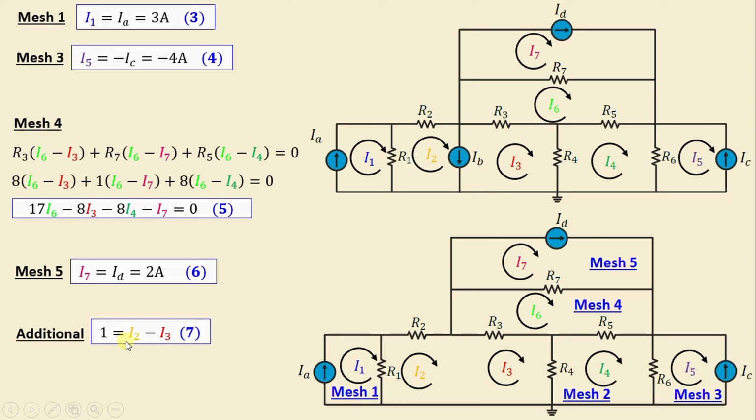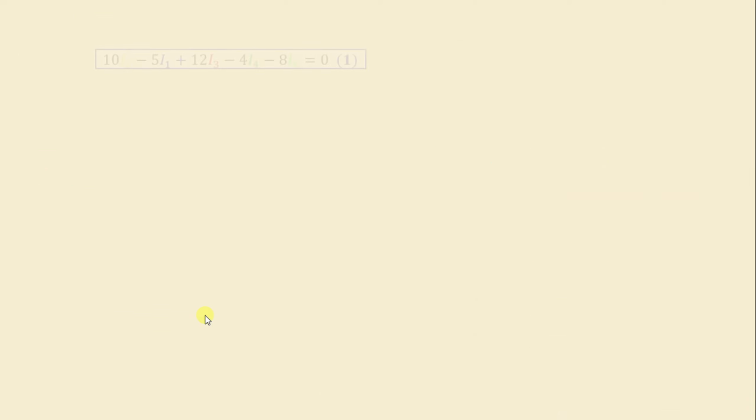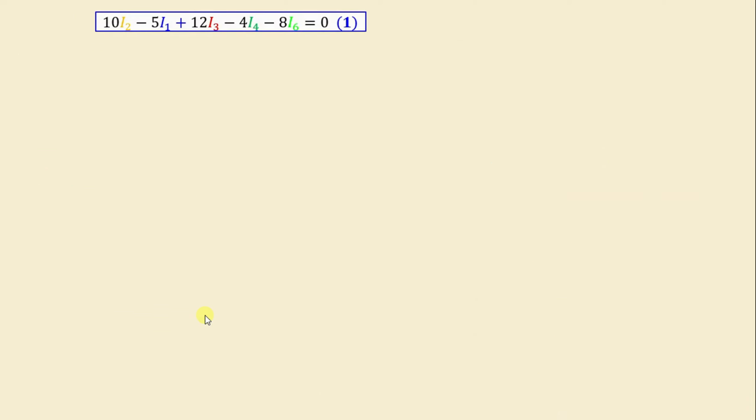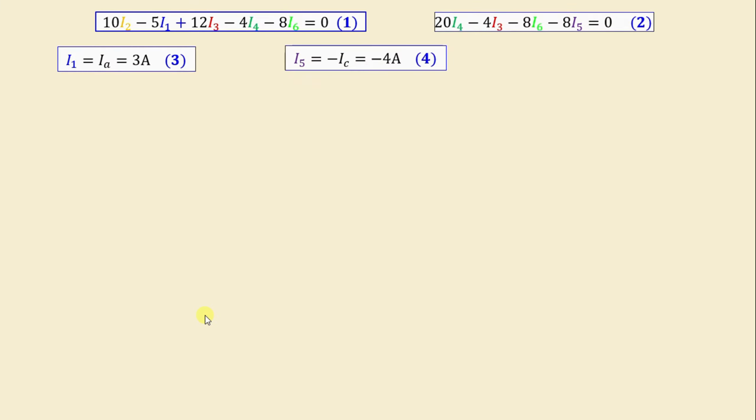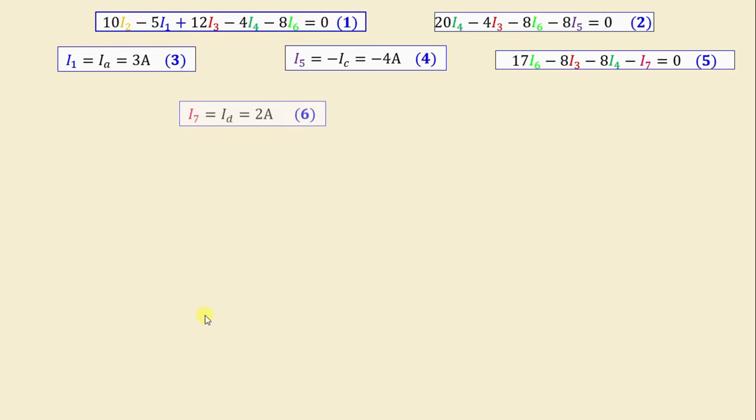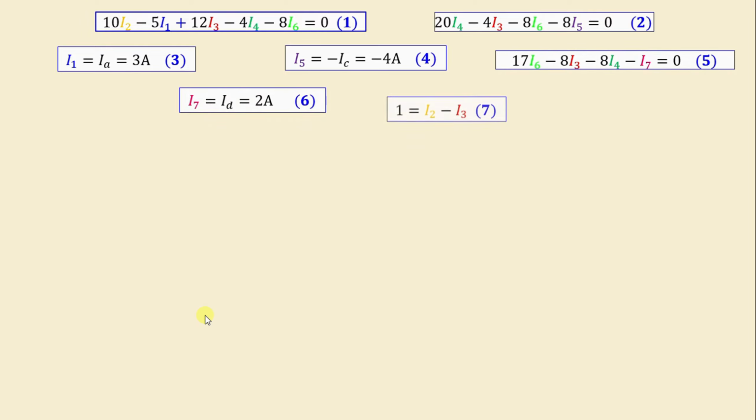That means 1 is equal to I2 minus I3, and I will call this equation 7. After we finish applying the supermesh analysis, we obtain 7 equations with 7 unknowns. We only need to solve those equations to calculate the mesh currents.